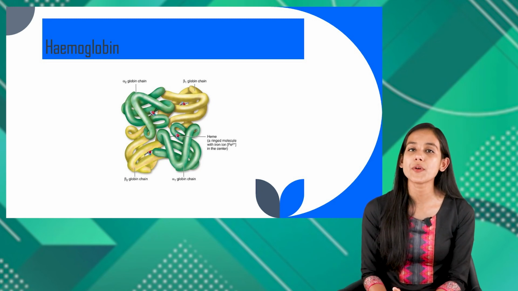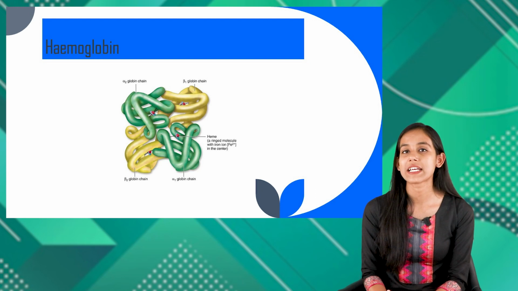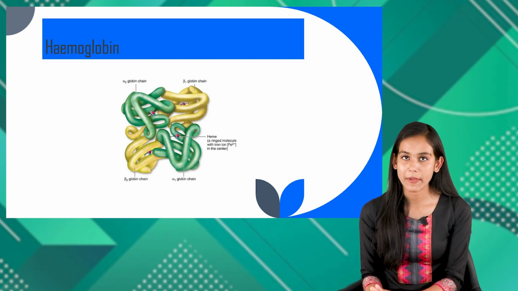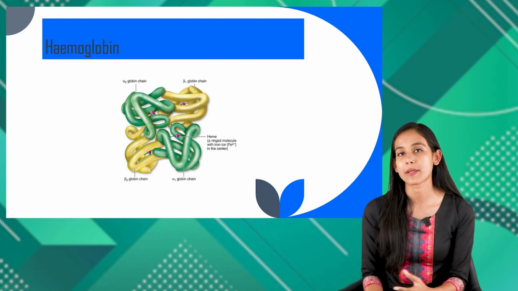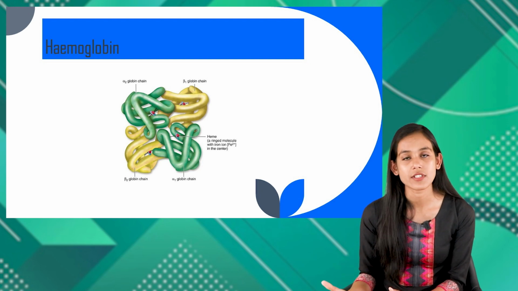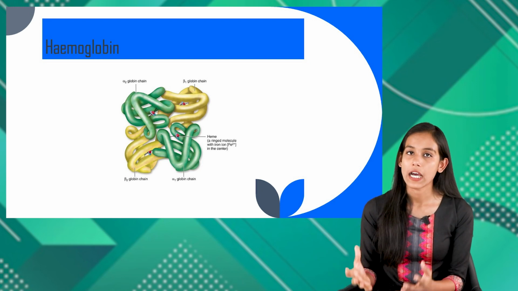The first thing we know about hemoglobin is that it is an oxygen carrying pigment, right? It is a protein which has the capacity to carry oxygen, and it is very important for the RBC.